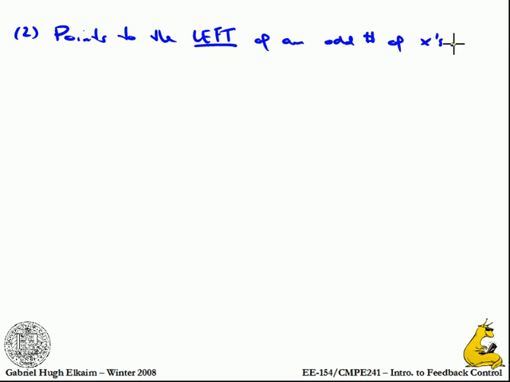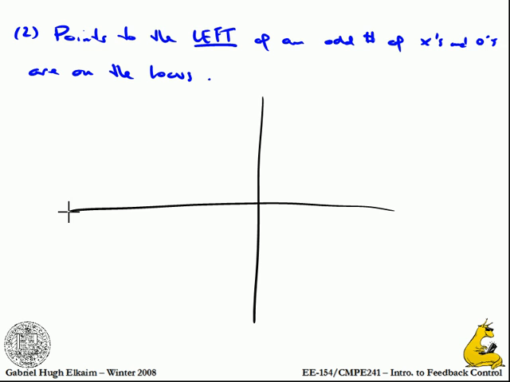So this one is that points to the left of an odd number of poles and zeros are on the locus. And we'll be able to see this one pretty easily.